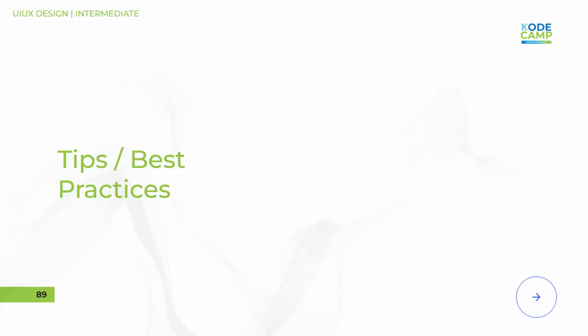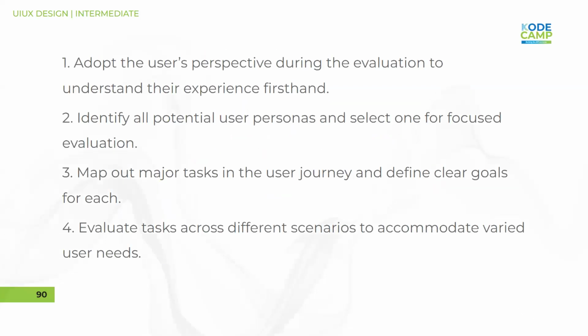All right. So, tips and best practices. Number 1 is adopt the user perspective during evaluation to understand their experiences firsthand. Don't evaluate from a designer's point of view. Also, identify all potential user personas and then select one for focused evaluation.